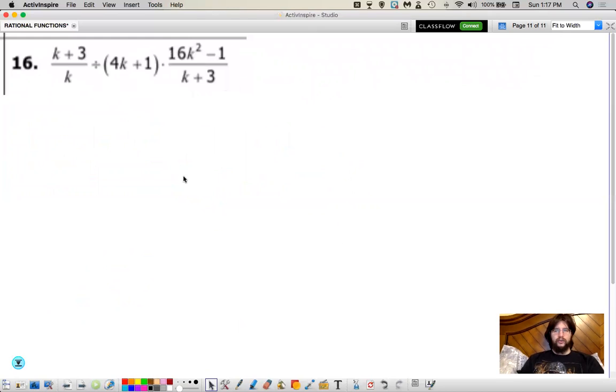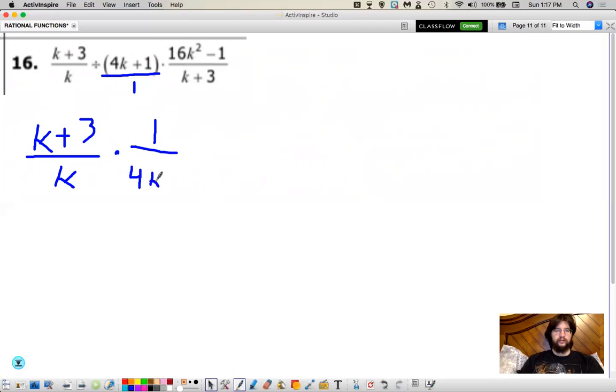And last one. So here I'm going to divide by this. It's got an understood 1 in its denominator. So k plus 3 over k times 1. Nothing to factor there. 4k plus 1.